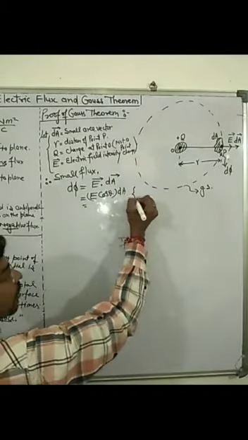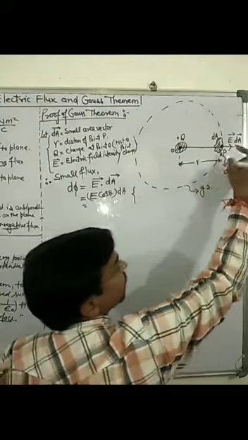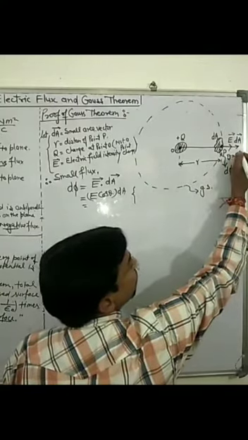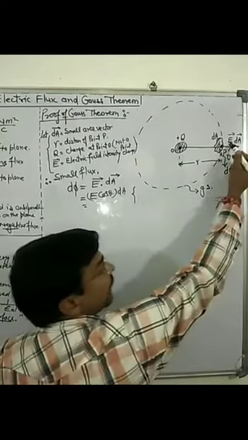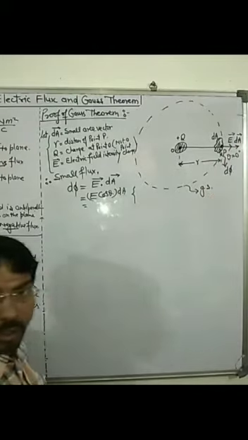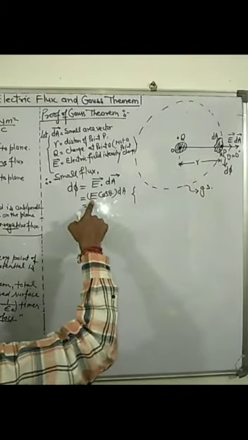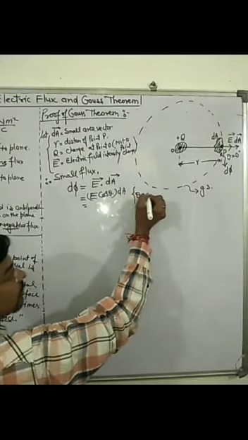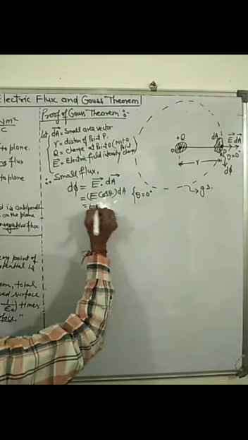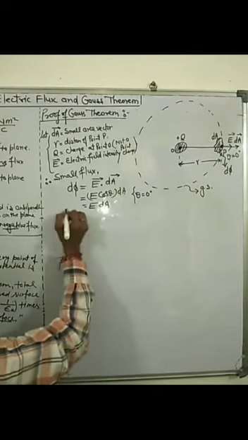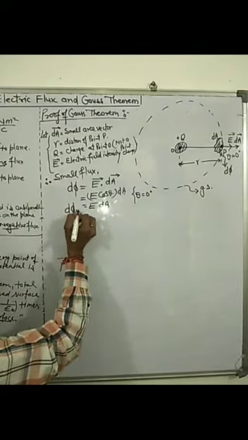Now you know very well what the angle theta will be. E as well as dA will be in the same direction. So area as well as electric field will have theta 0. Both are in the same direction. Therefore it becomes E dA, which is d phi E.